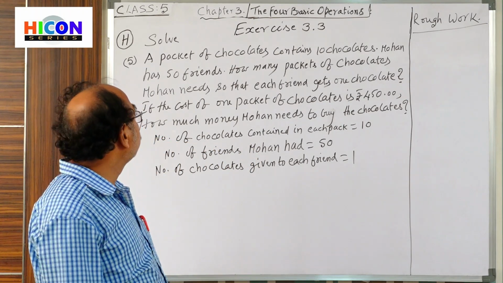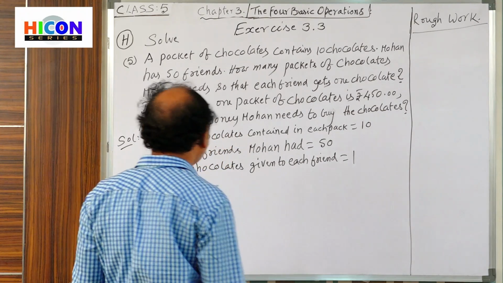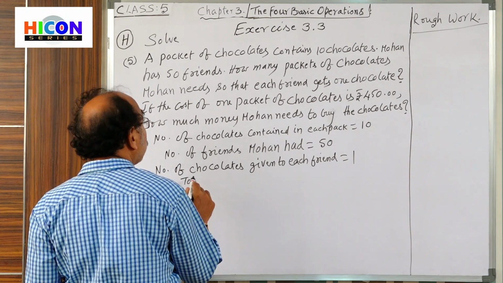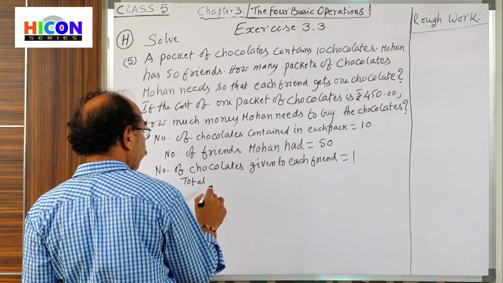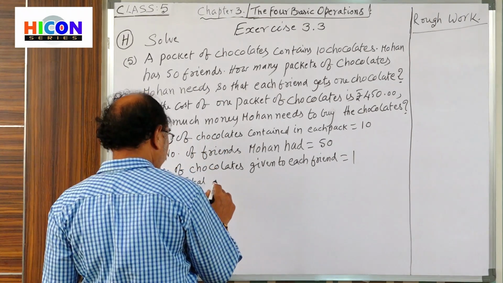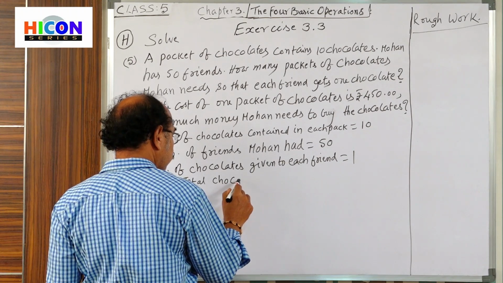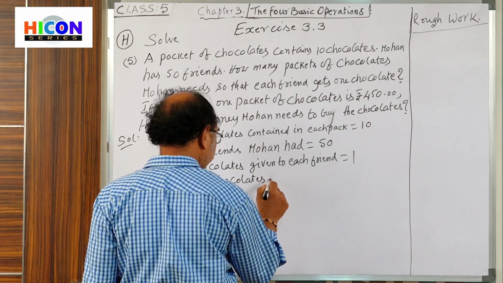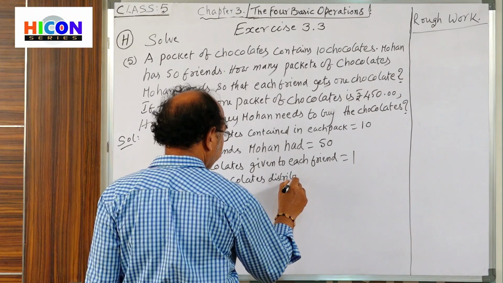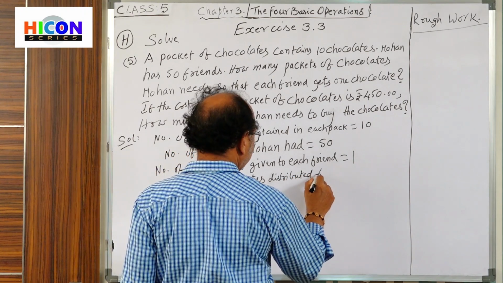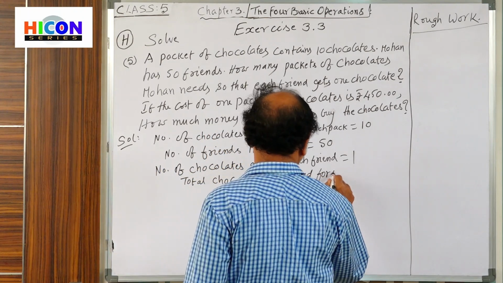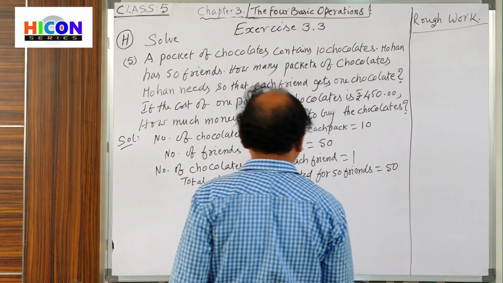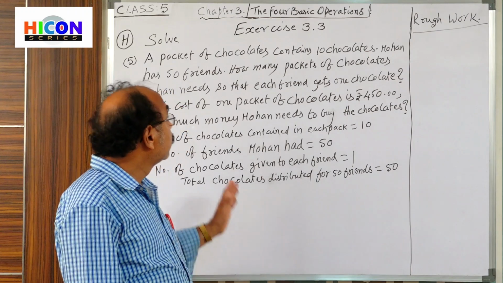So, total chocolates distributed for 50 friends is equal to 50 chocolates Mohan distributed.